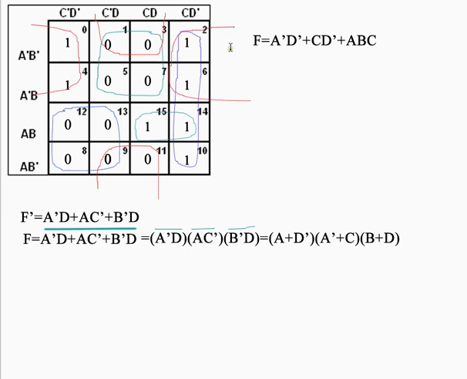Now remember, if you want to use only NANDs or NORs, then you use the trick where you complement twice. So if you want one of those implementations, then you invert this twice, and what's going to happen is you're going to get a NAND only implementation.